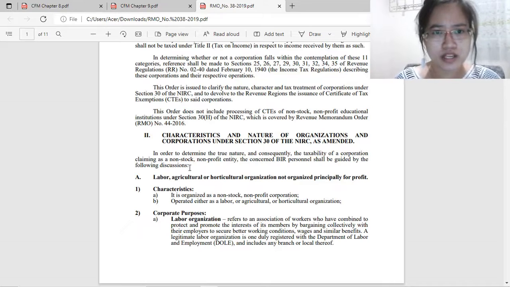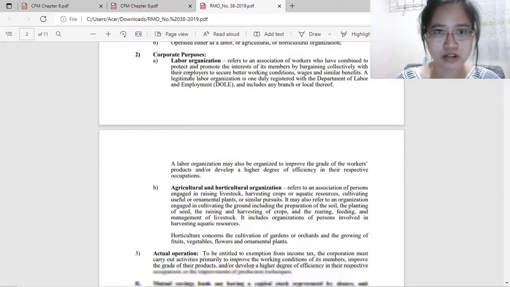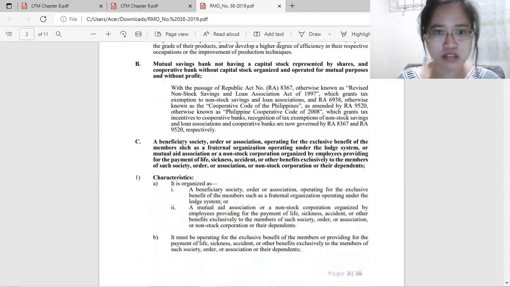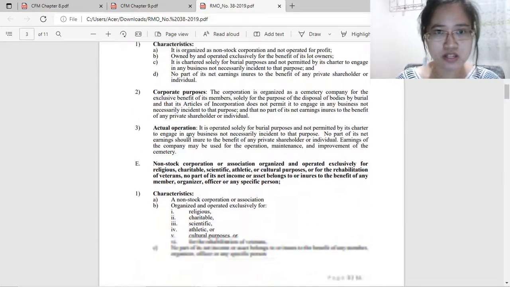The second section is about the characteristics and nature of the corporations under Section 30. We're going to skip this. This is labor organizations, mutual savings, beneficiary society, cemetery company.